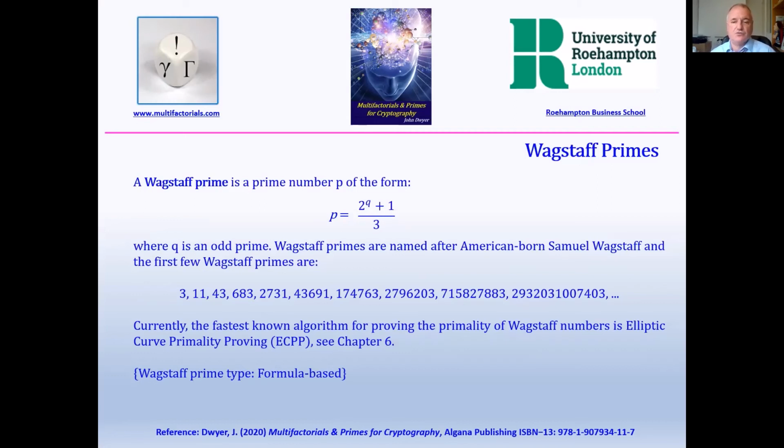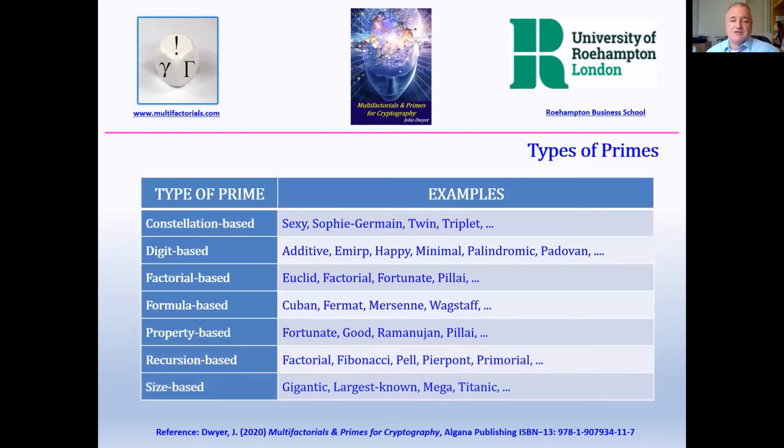Wagstaff prime, formula based. Now in the book we look at of the order of 100 different types of prime number, and we try and classify them. Constellation based: Sophie Germain, twin, sexy, and so on. Digit based: additive, happy, minimal, Padovan. Factorial based: Euclid number, factorial, fortunate, etc. Now formula based, we've seen a few of those today: Cuban, Fermat, Mersenne, Wagstaff.